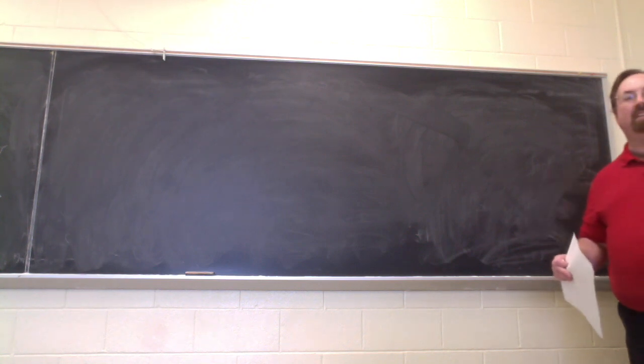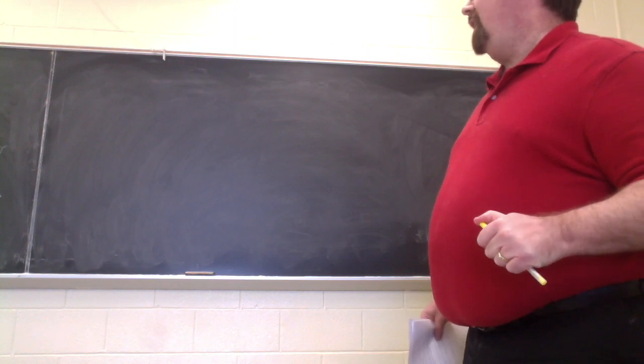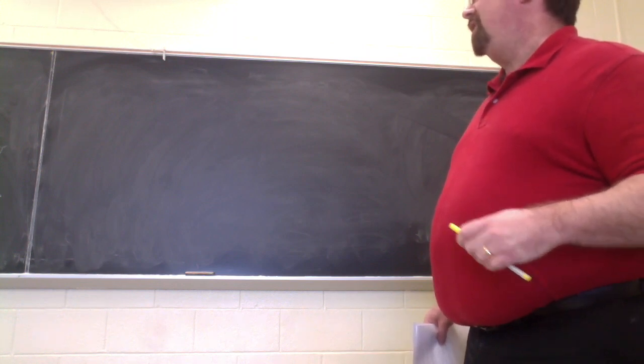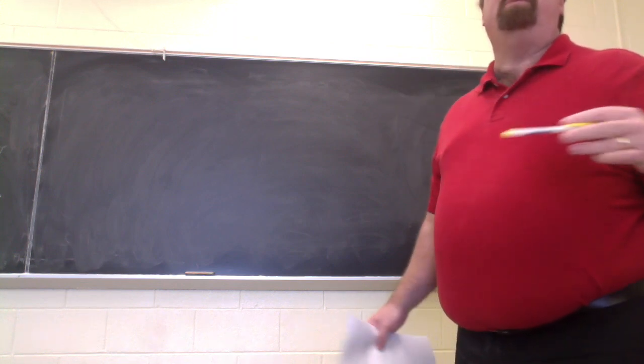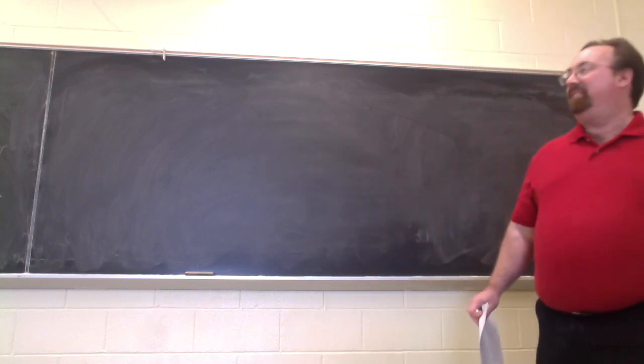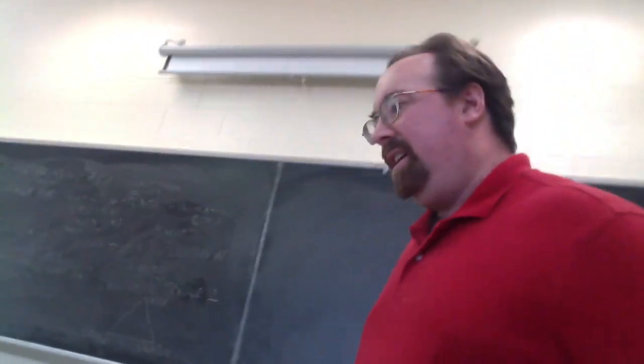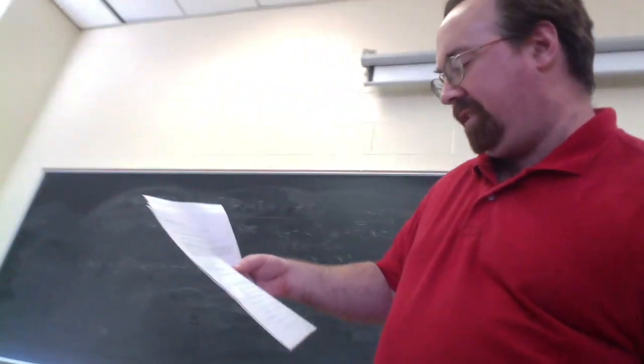On the characteristic triangle, isn't the t usually stuck here? I think when I first derived it, I called it x naught, t naught. It doesn't really matter. You're just expressing a solution at some point.